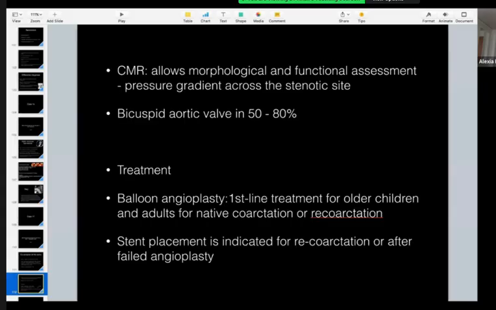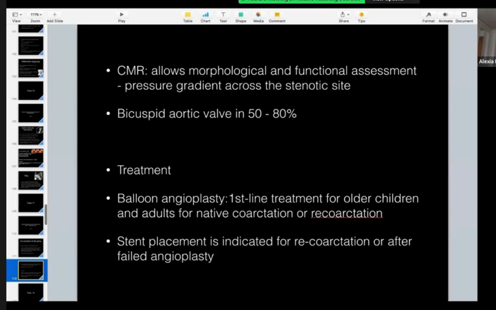And the first-line treatment is balloon angioplasty for older children and adults, or for patients with recoarctation. And stent placement is indicated, as in this case, for patients who have recoarctation or after a failed angioplasty, as happened with this gentleman.